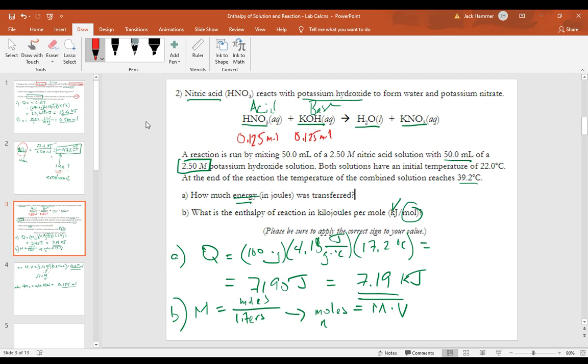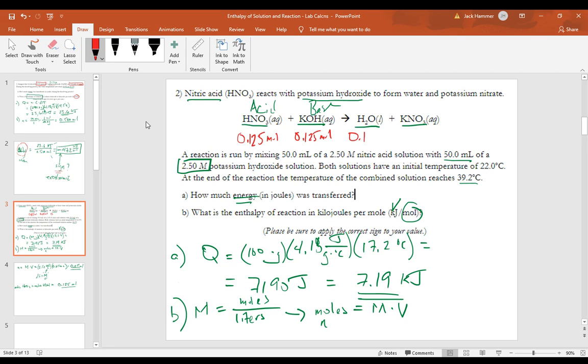Okay, now if you look at the stoichiometry of this chemical equation, it is balanced, first of all, and you can see that everything is 1-to-1, right? And you've been given a 1-to-1 mole ratio of reactants. So if you're reacting 0.125 of each reactant, then how many moles of product are you going to get?